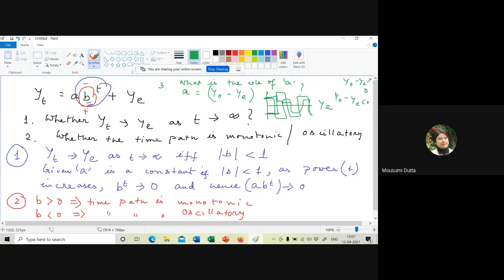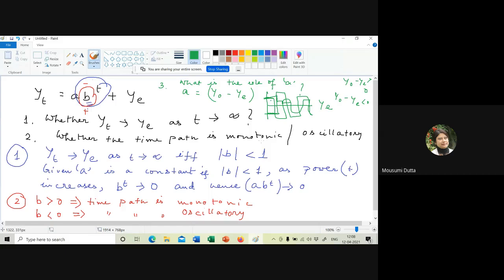If A is positive, we will start from some point which is above equilibrium. If A is negative, we will start from some point which is below equilibrium. So A determines the starting point. If A is positive, start from a point above equilibrium, then it may be monotonic, oscillatory, convergent, divergent, whatever.